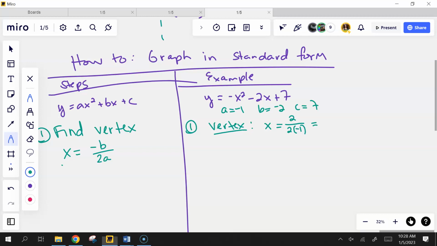All right. This is my equation I'm using, right? Opposite B. So B is negative 2. So opposite B is 2. And then 2 times A in the bottom. 2 times A is negative 2. Are y'all with me? 2 over negative 2 is negative 1. Okay, so now I know I have a y-intercept at 7.